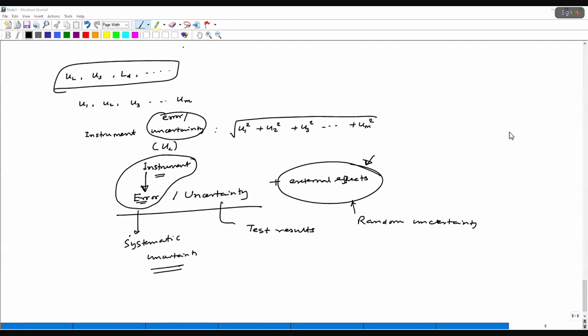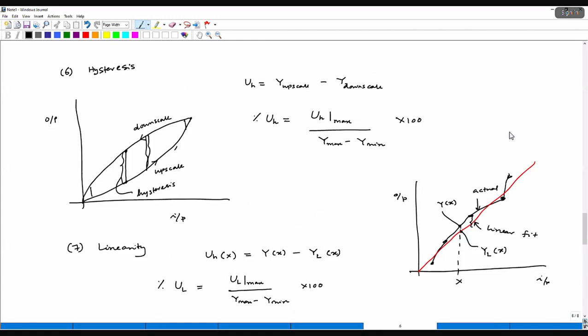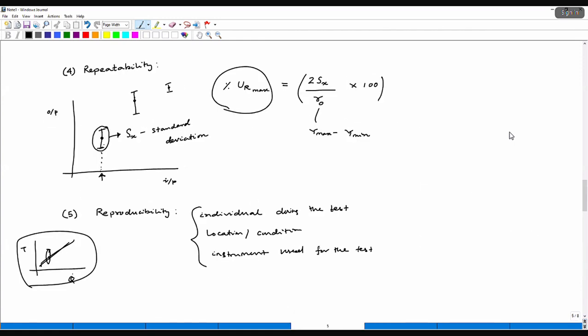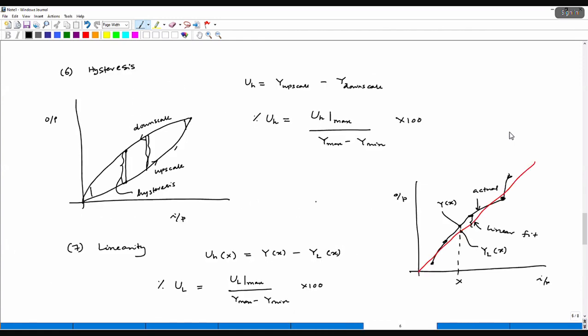One doubt. Can you move back to the hysteresis slide? Yes, sir. Okay, next one. Here, how is this y upscale and that y max differed? How do we calculate that?